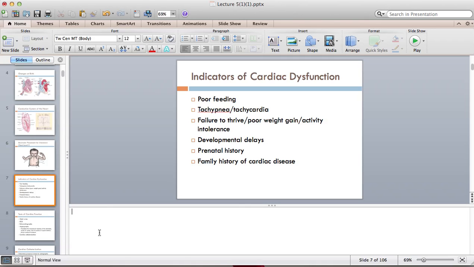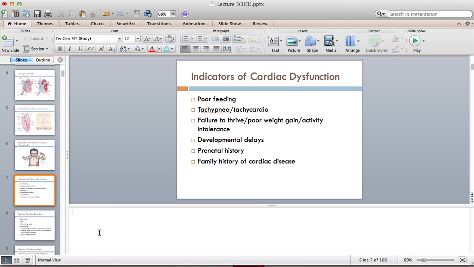Child is refusing food. Child can be irritable, but again, you know that other things can make the child feel the same way. Child may have tachypnea, tachycardia. Again, respiratory problems can also make the child have increase in heartbeat, increase in respiration. So at that point in time, you are not really sure, but you know there is something going on, okay?